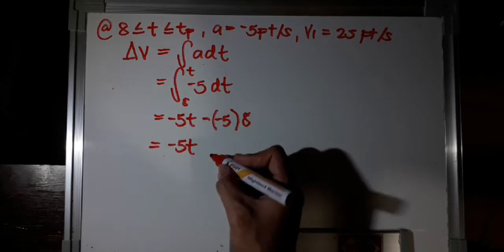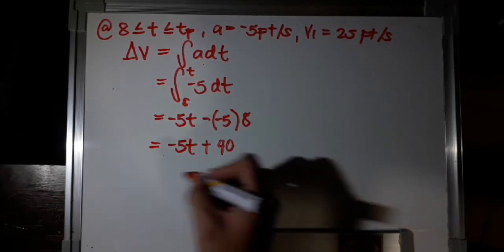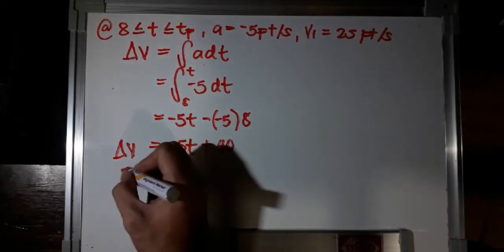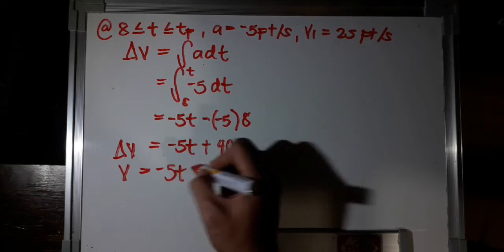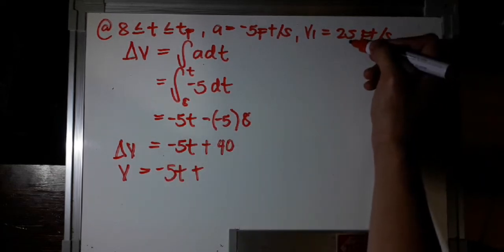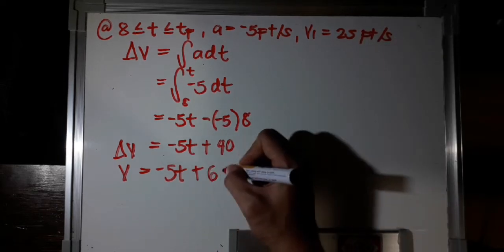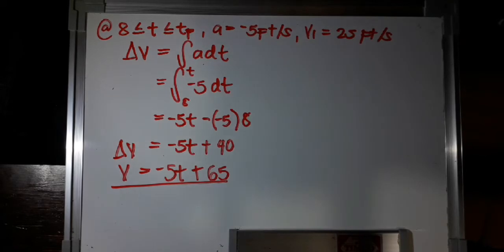Negative 40 multiplied by negative, that will become positive 40. So this is our change in velocities. Velocity, so negative 5t plus 40 plus the initial velocity, which is 25, is equal to 65. So this is our value for velocity for this time interval.